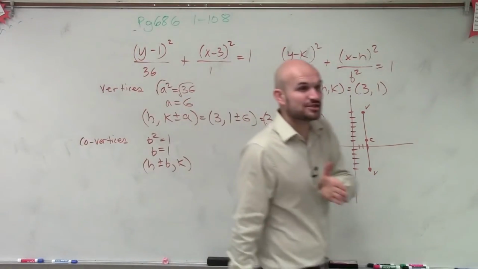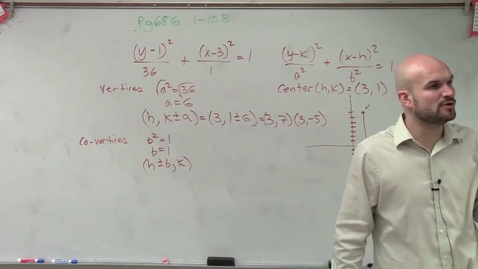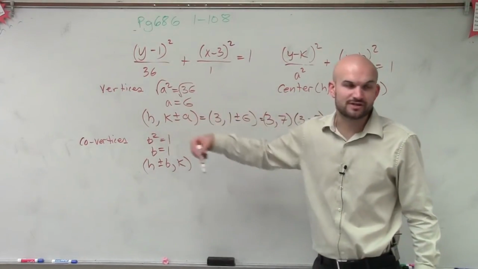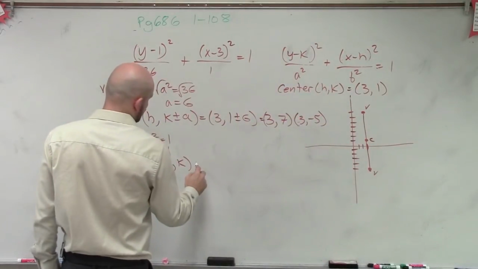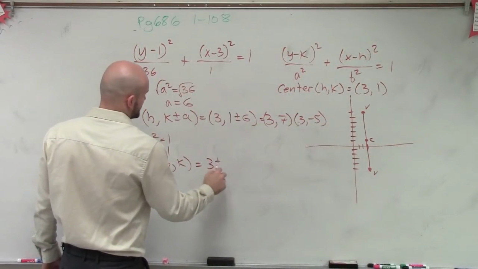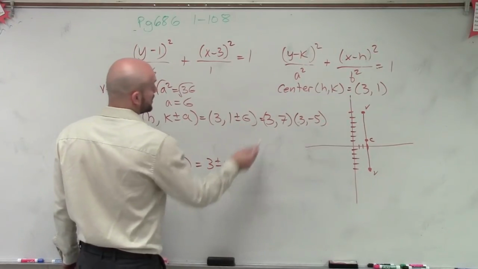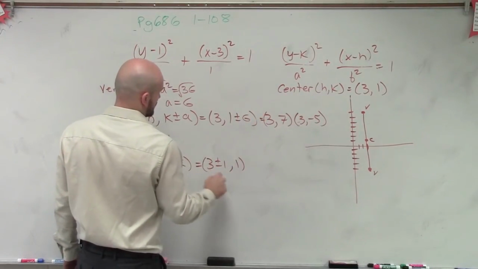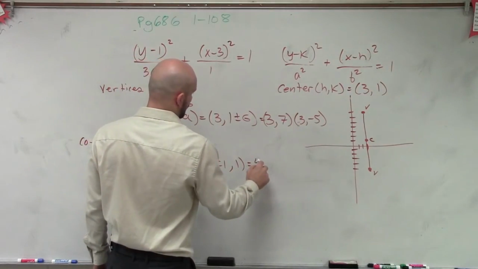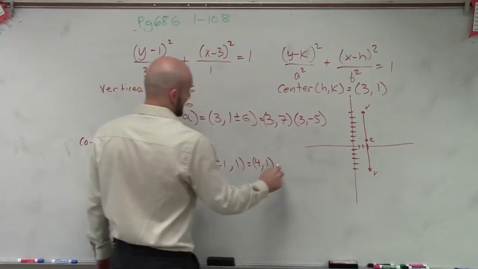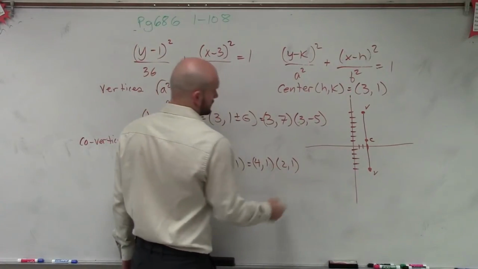Because now the h coordinate on my center is where I'm going to be moving. So I'm shifting 1 to the right and shifting 1 to the left. Algebraically, it looks like this: 3 plus or minus 1, comma, 1. So that's going to give me coordinates of 4, comma 1, and 2, comma 1. So let's plot those.